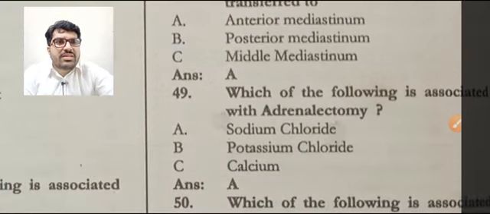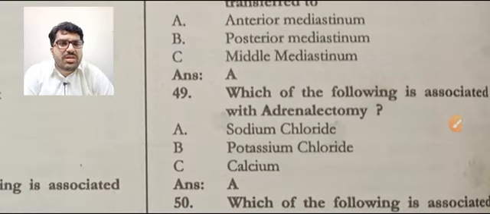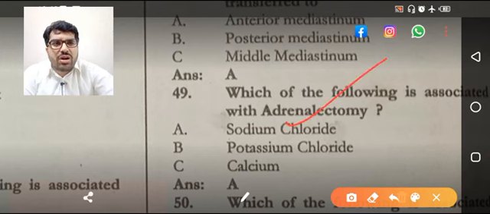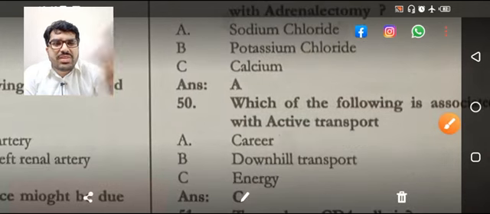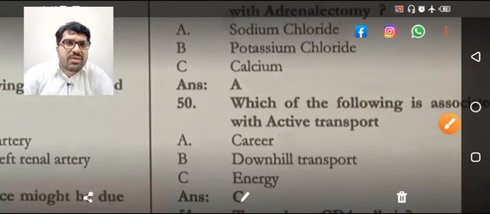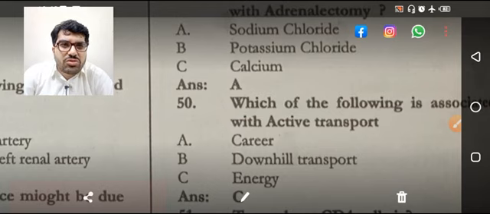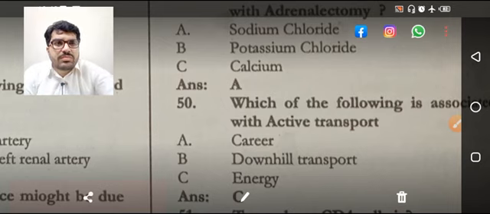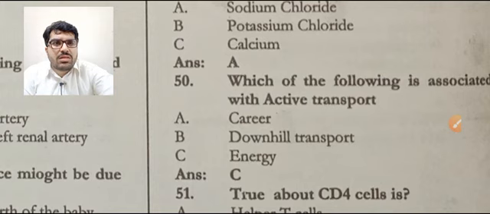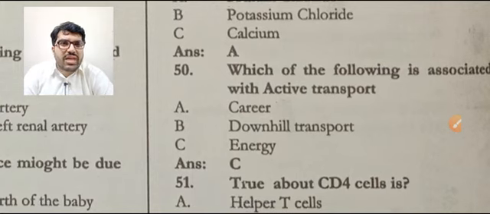Which of the following is associated with adrenalectomy? Sodium chloride gives salts because the adrenals have aldosterone. If you remove that, then the patient has hyponatremia. Which of the following is associated with active transport?